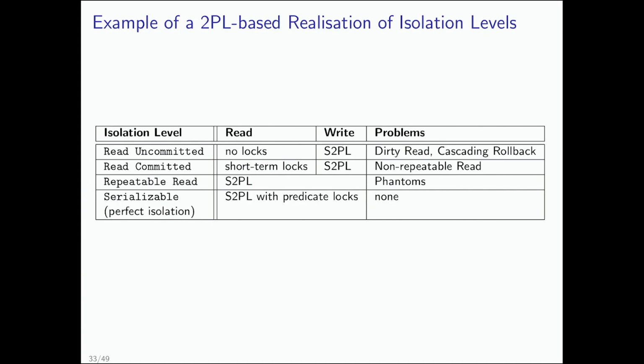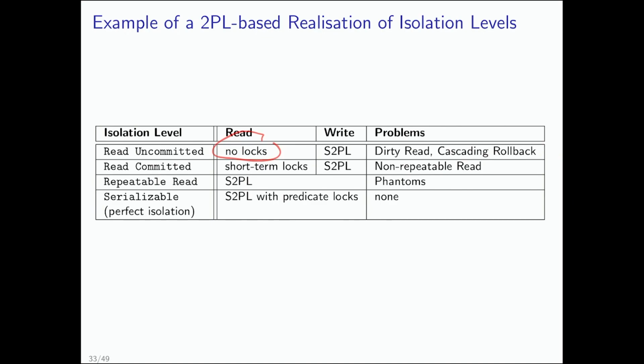And this is one way how you can do this deal. Here we have the different isolation levels. That's perfect isolation, with all the bells and whistles, 2PL with predicate locks. And then you can set a transaction to a weaker isolation level. Let's start from the beginning. You can say read uncommitted, meaning when you want to do a read operation, you don't even acquire a lock anymore.